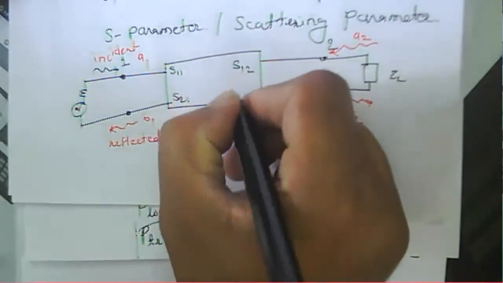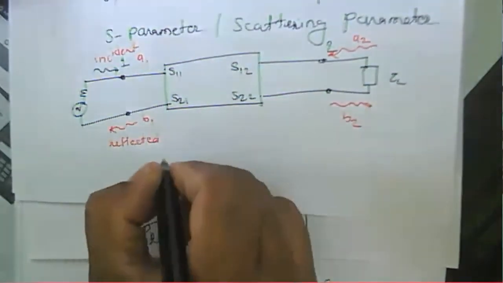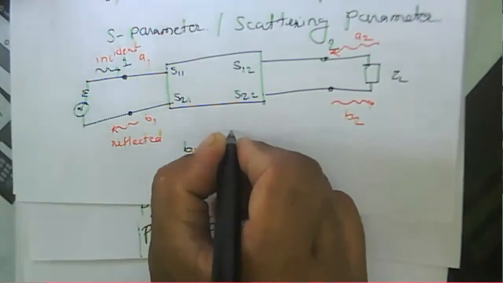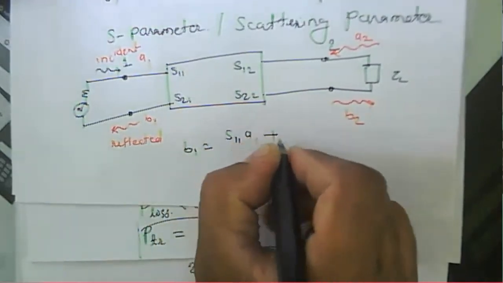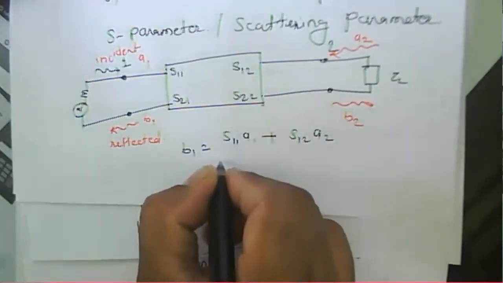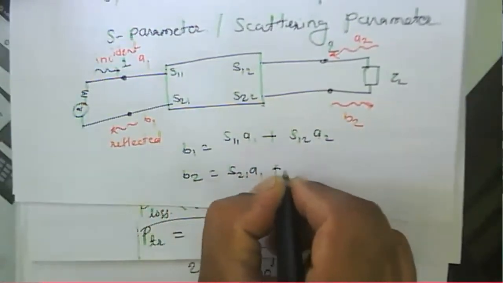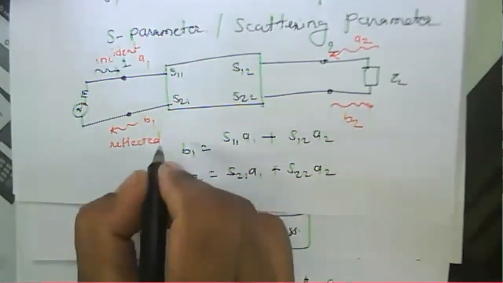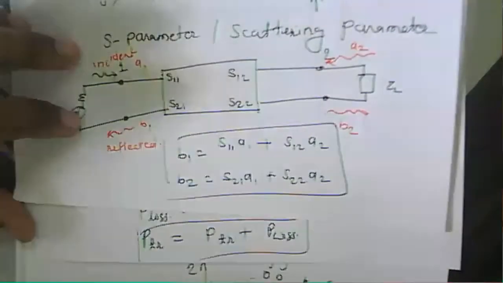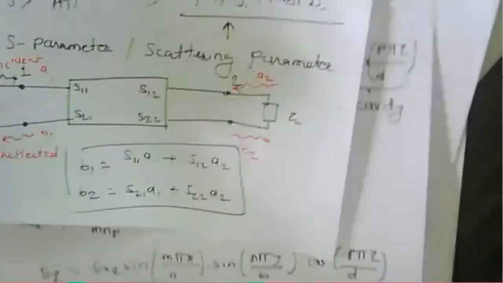We have S12 and S22. Here we get B1 equal to S11 A1 plus S12 A2, and B2 equal to S21 A1 plus S22 A2. That is your S parameter.